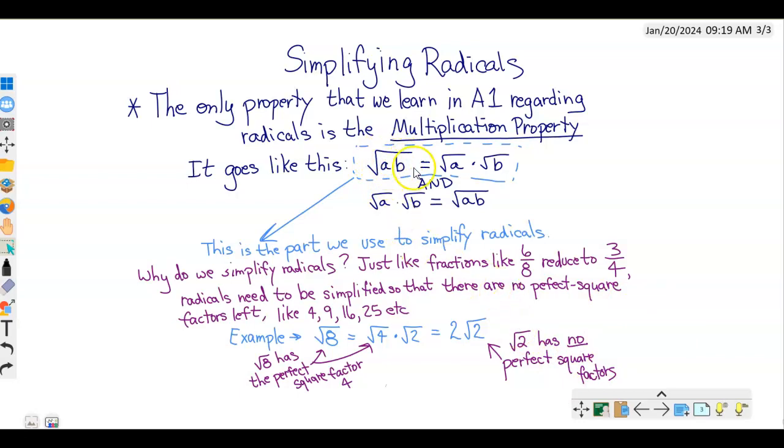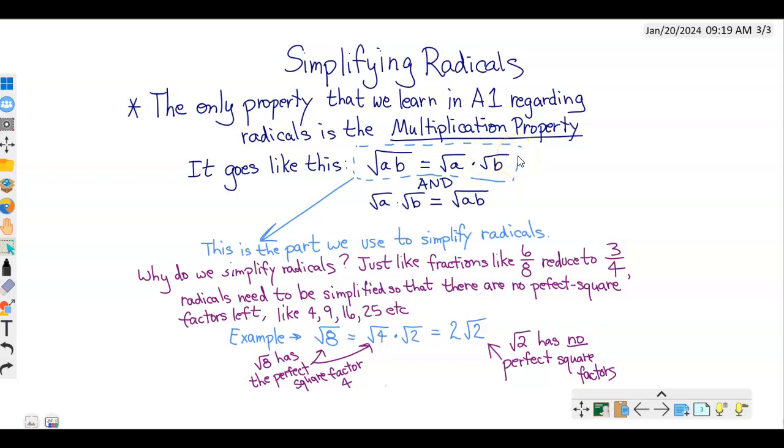If I have a number underneath a radical sign that has more than one factor, so in other words, there are two numbers that multiply to make the big number that's underneath the radical sign, I can split that into two separate factors, the square root of one factor and the square root of another factor.